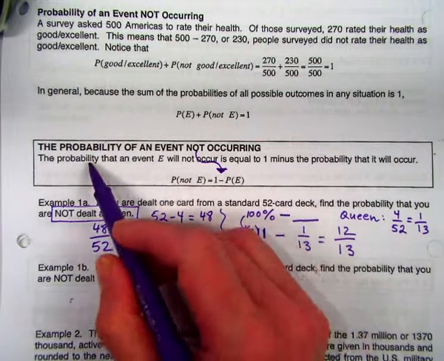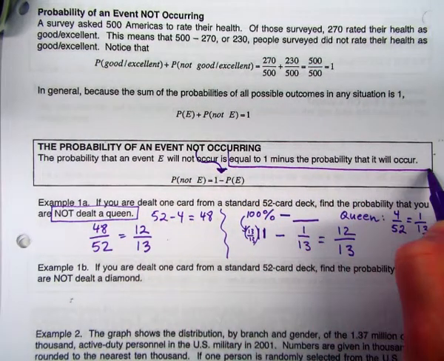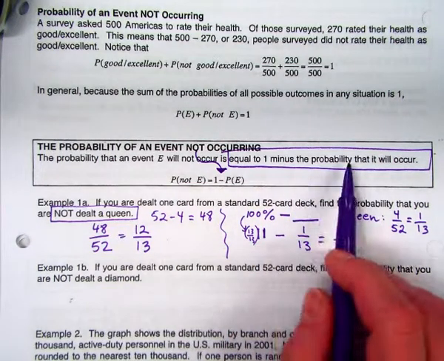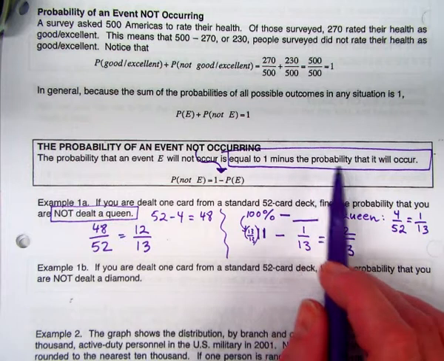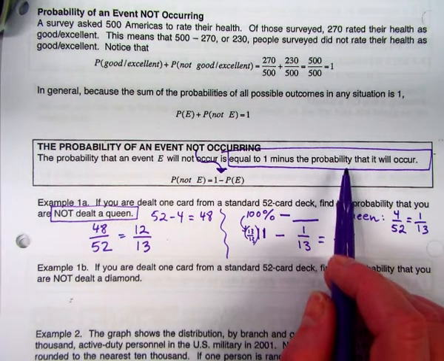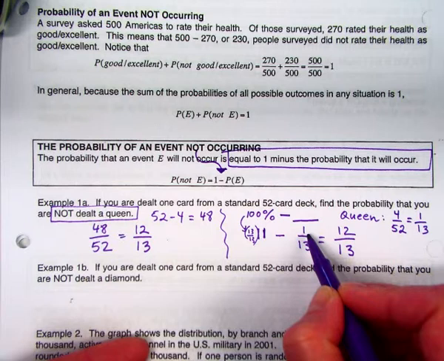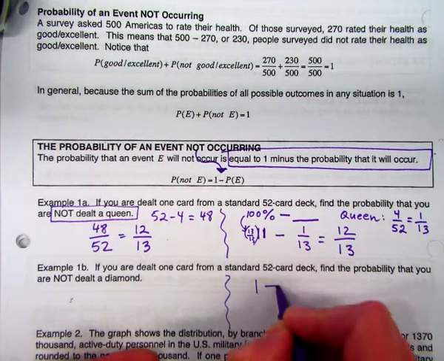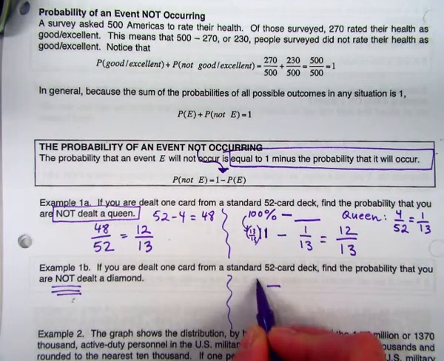So the probability of an event not occurring is equal to 1 minus the probability that it will. And this is what you're going to see in any video that you're going to watch, any book, or any worksheet that you're going to get, okay? And basically you do 1 minus the probability of it happening. So let's try this next problem with this 1 minus idea. And as soon as you see the word not, that tells you got to do 1 minus.